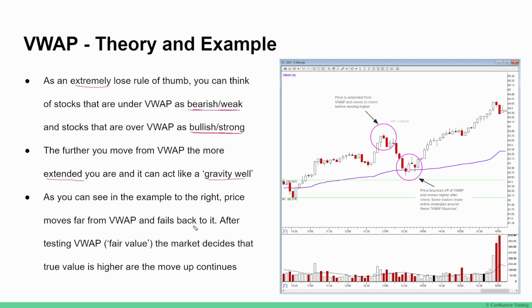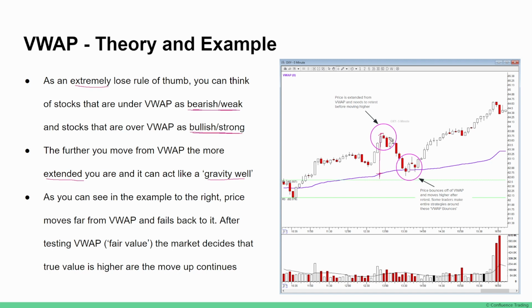So to show you an example of this and utilizing VWAP in trading, you can see a 5-minute chart here of Oxy. At this first circle, price has moved pretty significantly far away from VWAP for the day, right? Which is this purple line here. So you get fewer and fewer people that are willing to step in and buy the stock because it's so far above what is generally considered fair value.